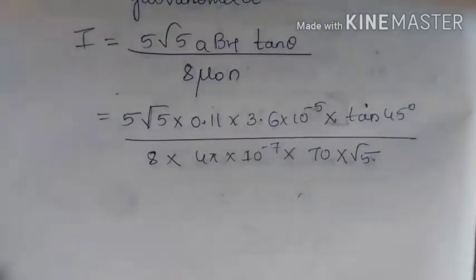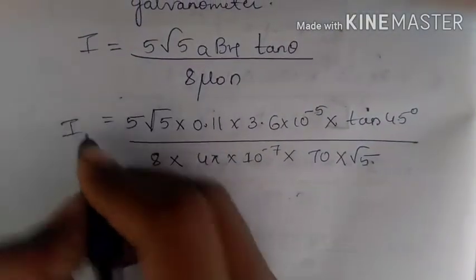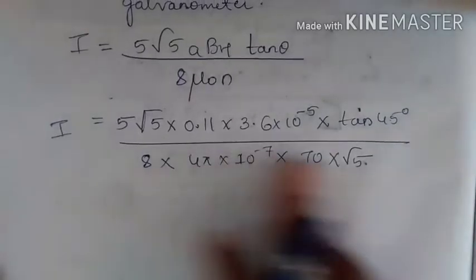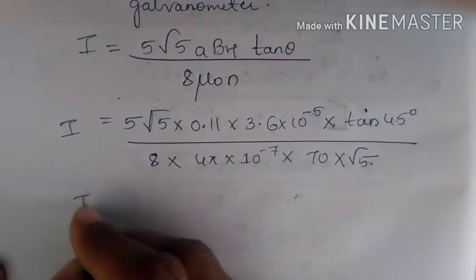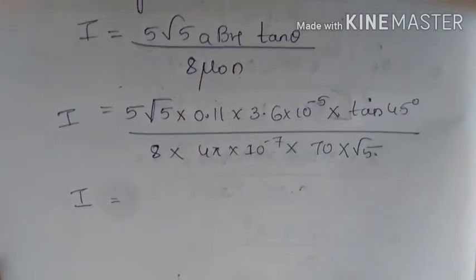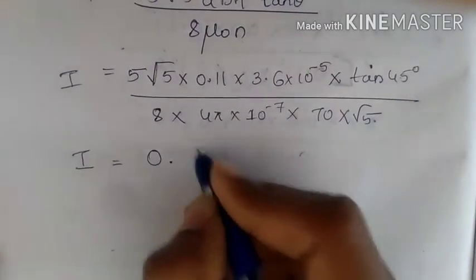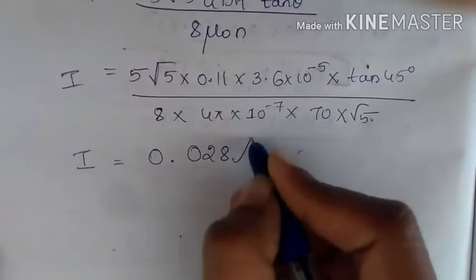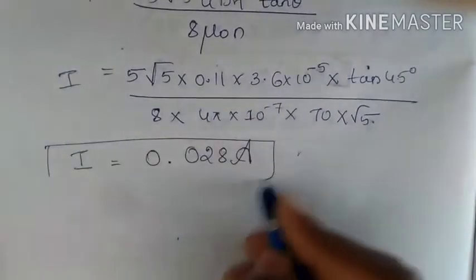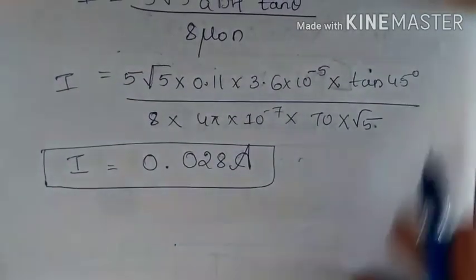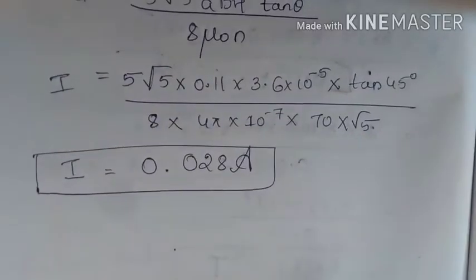Now it's your turn to calculate all these things and find what the answer for I will be. So here I'll write the answer. I comes out to nearly 0.028 amp. So you should do all this calculation. I am not doing the calculations here.